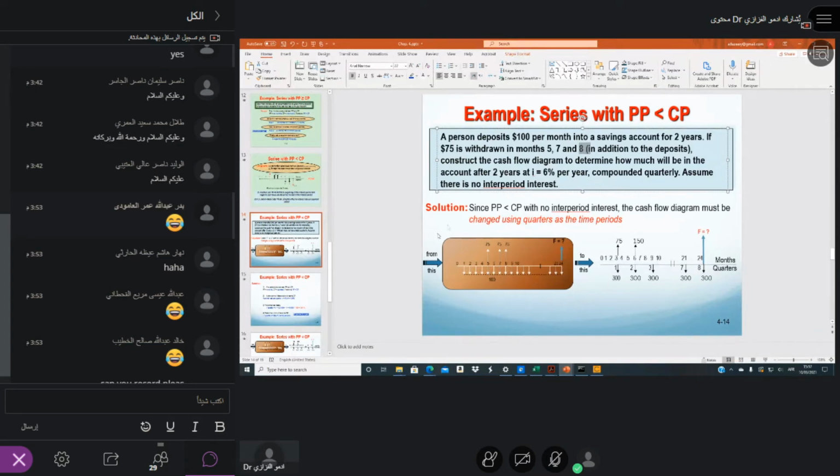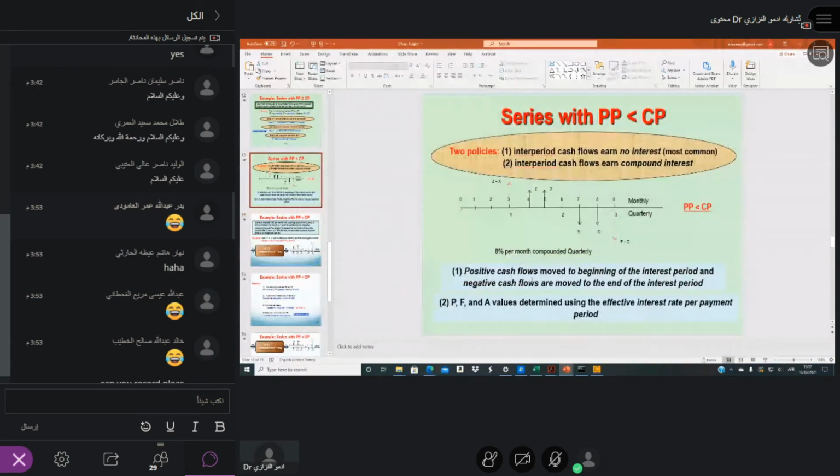So you draw it like this, and then now you need to construct the real cash flow diagram. So you remember here we said positive cash flows, you move them to the beginning of the interest period. So everything you get, you take them to the beginning of the interest period.